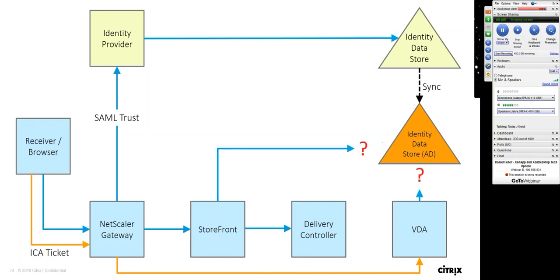When you're authenticated to that, the user will contact StoreFront because NetScaler is letting you in since you have authenticated to your third-party provider. But the problem is StoreFront does not know who your AD account is, and StoreFront is trying to authenticate you against AD. So something has to be done here to make this work.